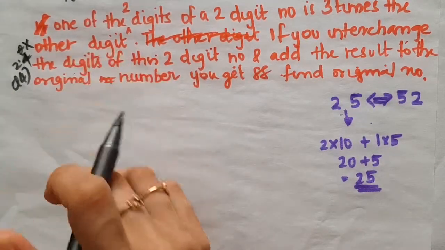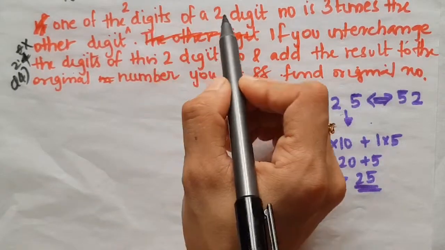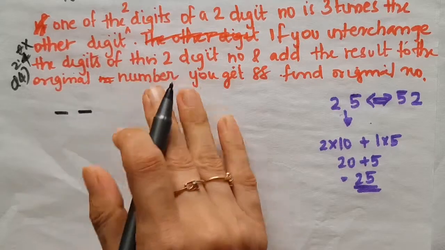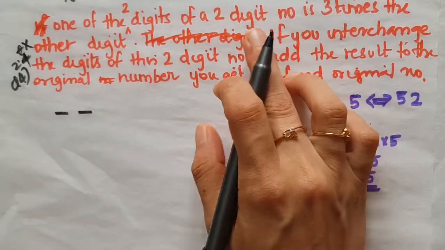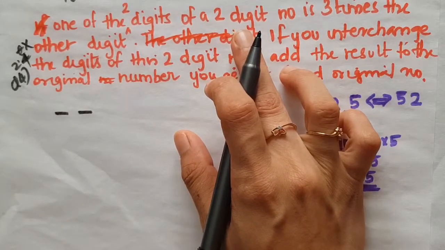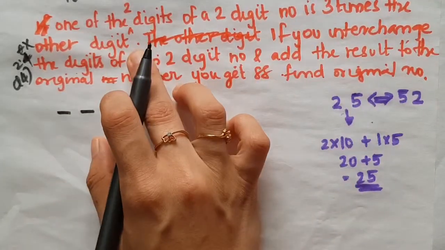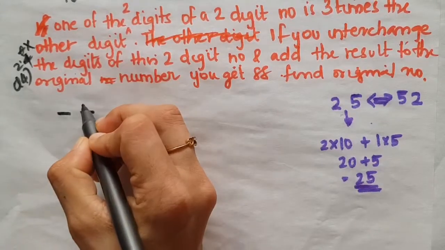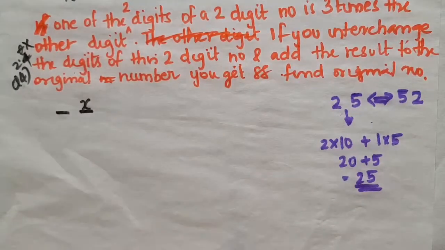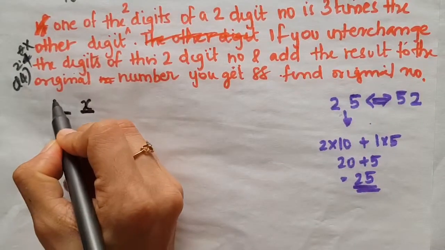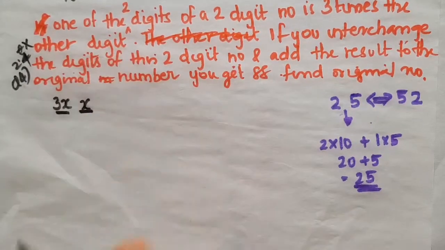Here in our question, it is given one of the 2 digits of a 2-digit number is 3 times the other digit. Suppose we take the ones digit as x. Then the tens place is 3 times the other digit, so 3x.